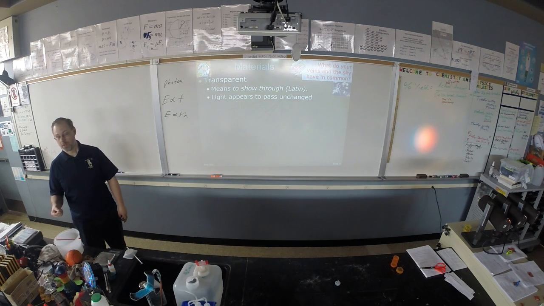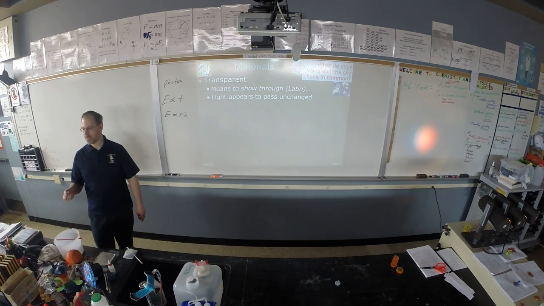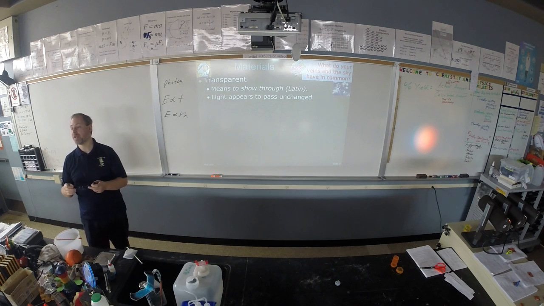We know that when light goes through any material, it slows down. But it appears unchanged because it slows down going through the material and then speeds up again as it leaves. That's important. As light goes through my glasses, it slows down as it enters the glass or polycarbonate, then speeds up again as it leaves.